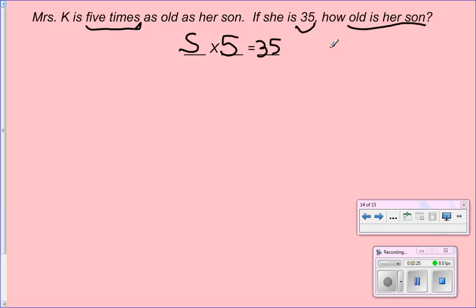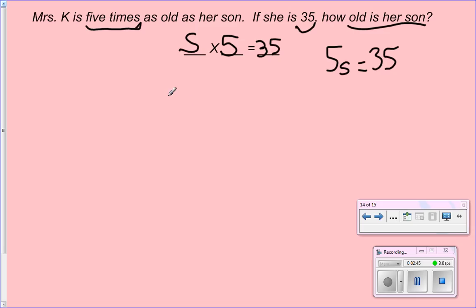Sometimes you might see this written as 5s equals 35, because when we're doing multiplication in equations, we always put the number that we're multiplying, like 5, to the left of the letter. So this would be 5s. 5 of her son's age equals 35.